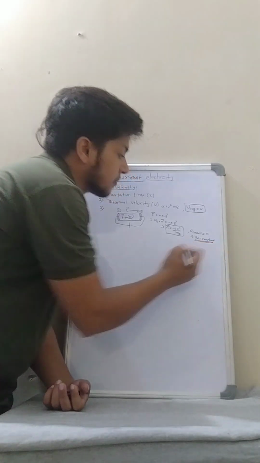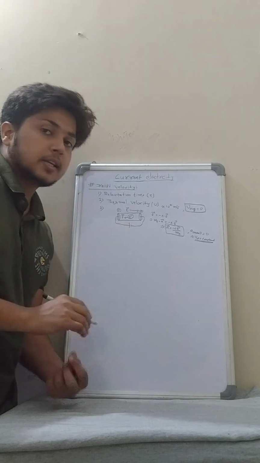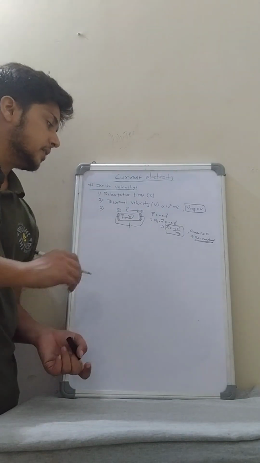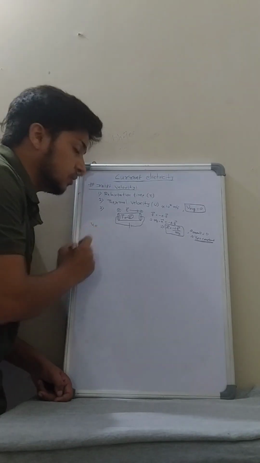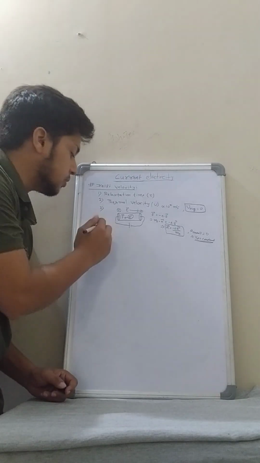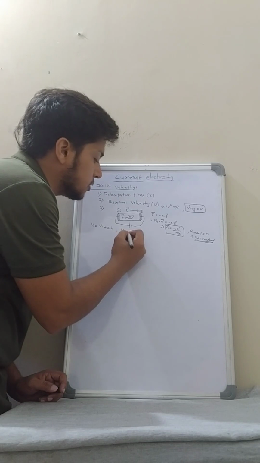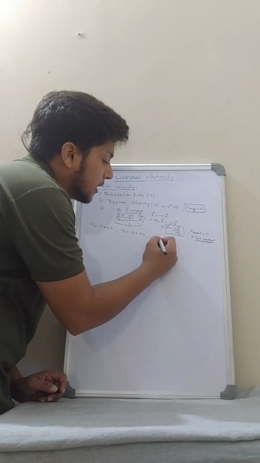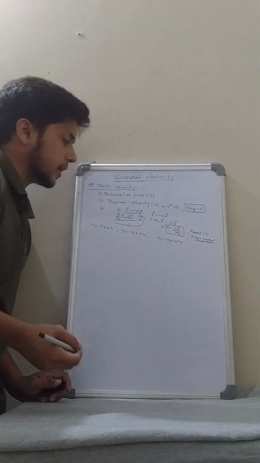Now we will see the expression of drift velocity. You can also say drift velocity is the average velocity of the individual electrons. Each electron will have its own velocity. Applying the first equation of motion, v equals u plus at, v1 equals u1 plus a t1, similarly v2 equals u2 plus a t2, similarly vn equals un plus a tn.